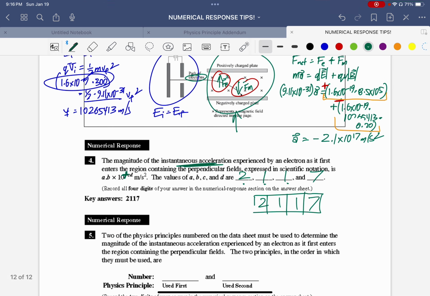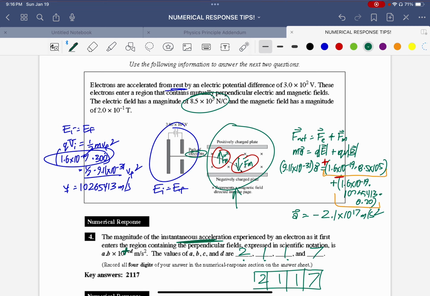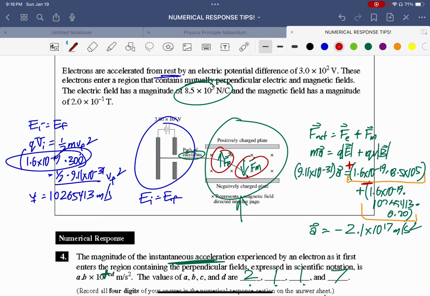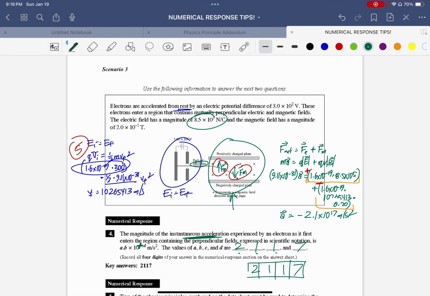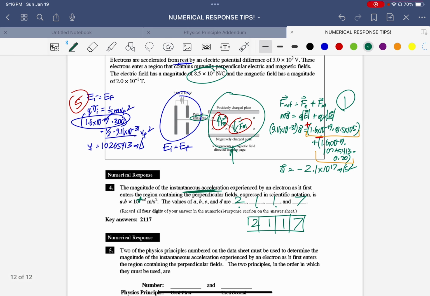2117. Now we're looking for two physics principles. Again, I think in this one it's fairly clear. This one is conservation of energy, which is principle 5. And this one is accelerated motion, principle 1. Which one got us the answer?